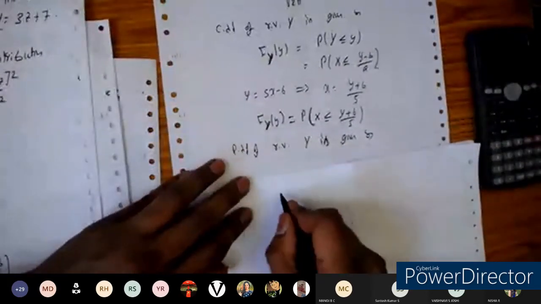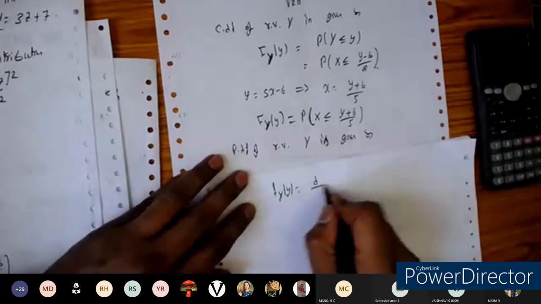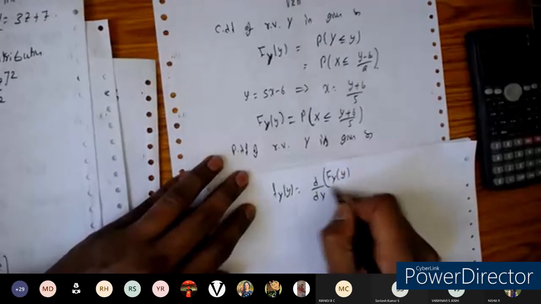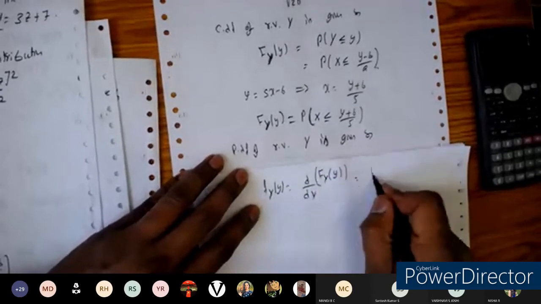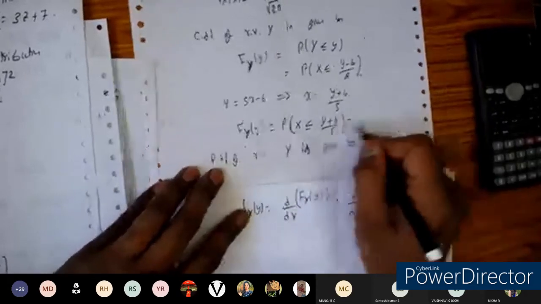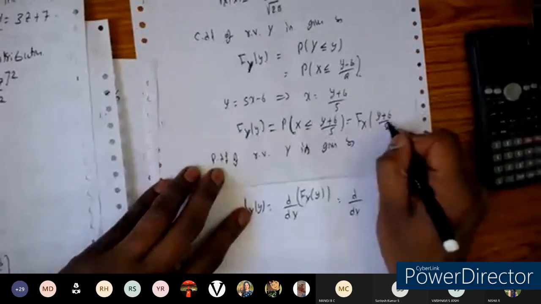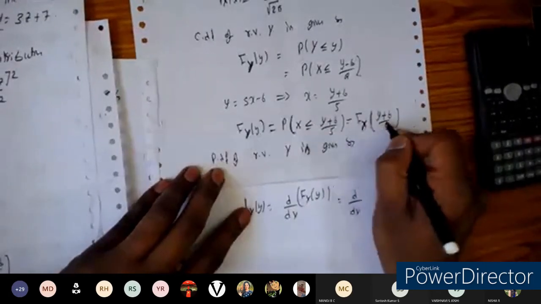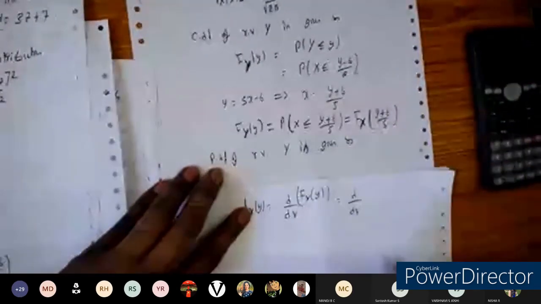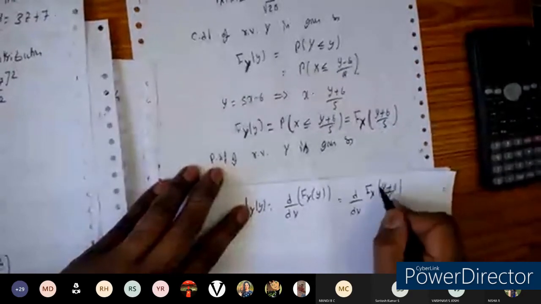So f_Y(y) is equal to d by dy of the CDF. Sorry, I have to write one more step here. This is F_X of (y plus 6) divided by 5. So you can write it equals F_X of (y plus 6) divided by 5.